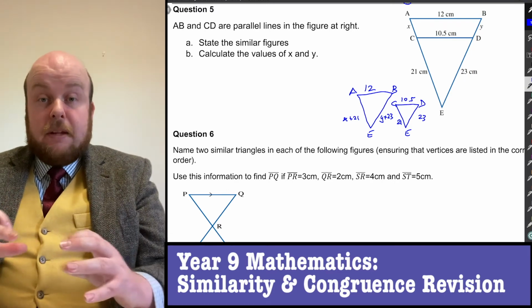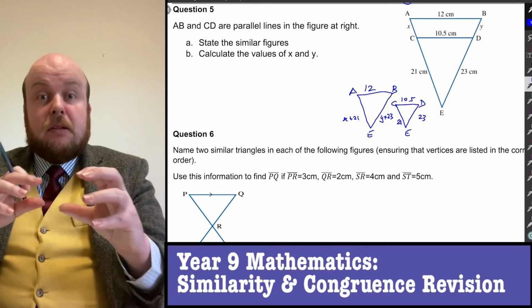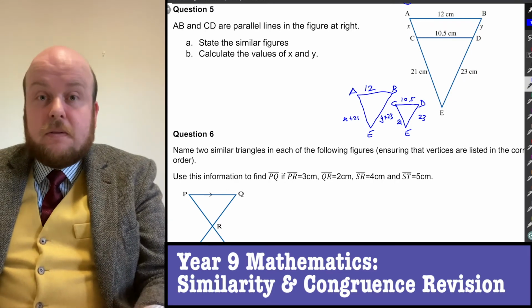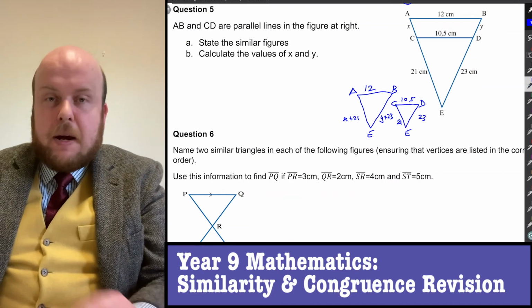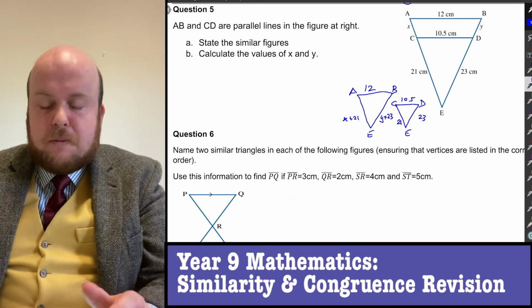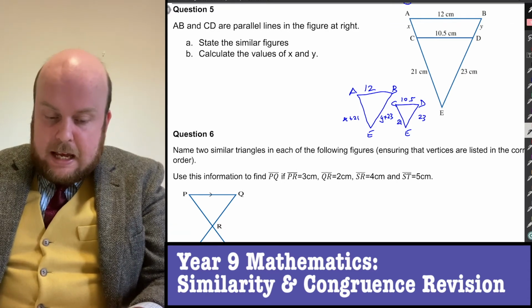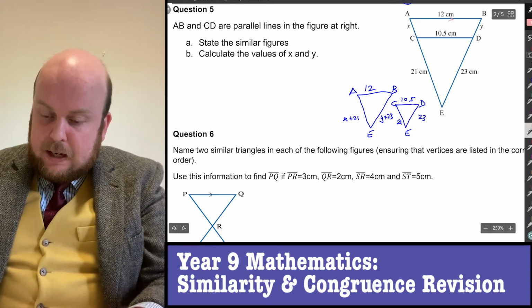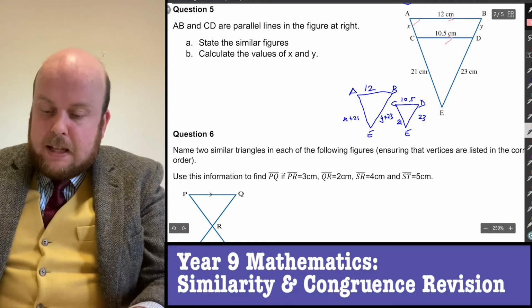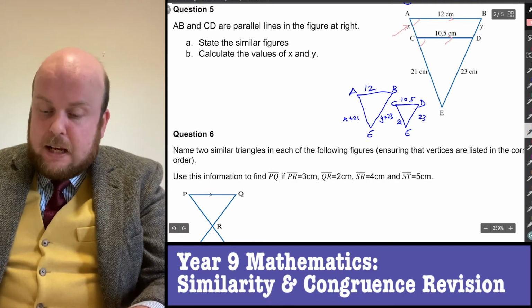So those are the similar figures, because that is the reason we know this from a geometric point of view, apart from the fact that you can see it and see that it will be lined up. If AB and CD are parallel lines, like so, that would mean that these would be corresponding angles.